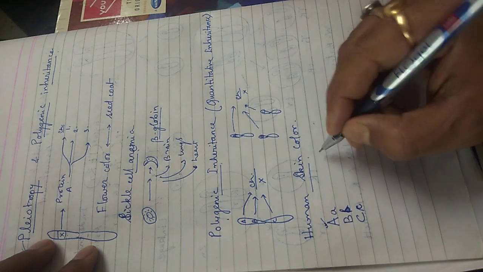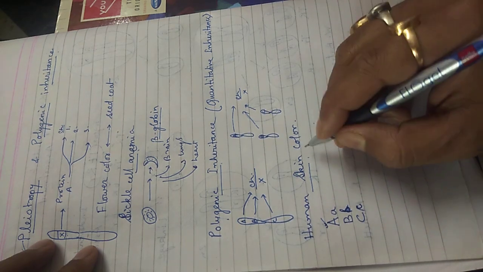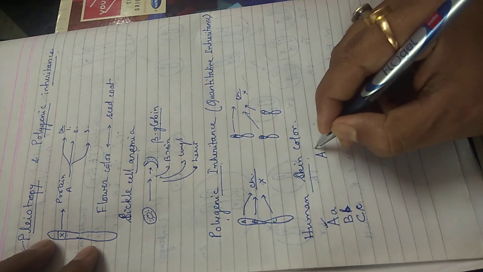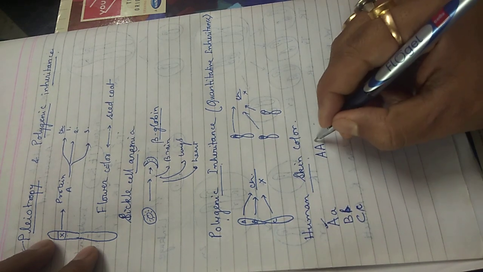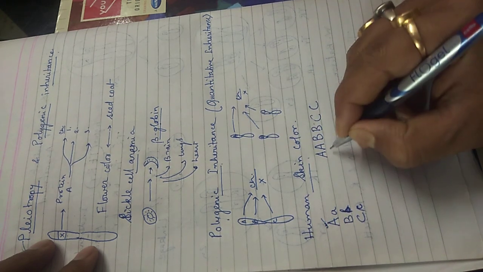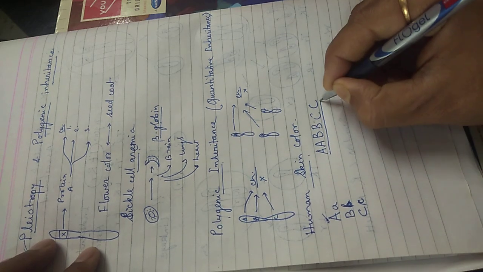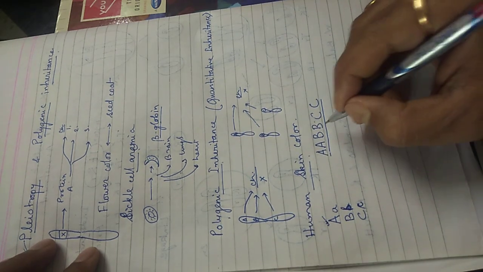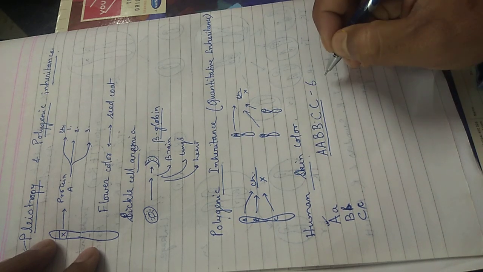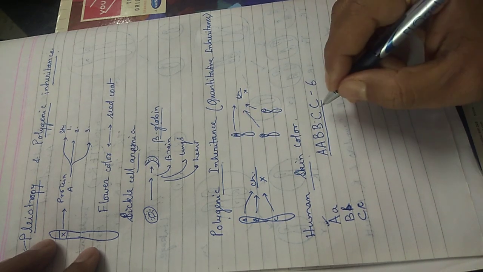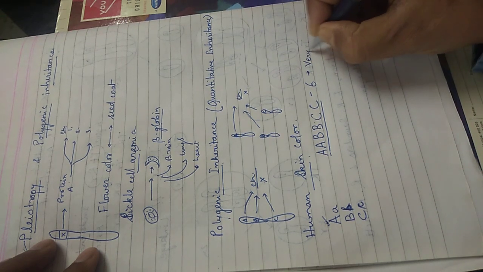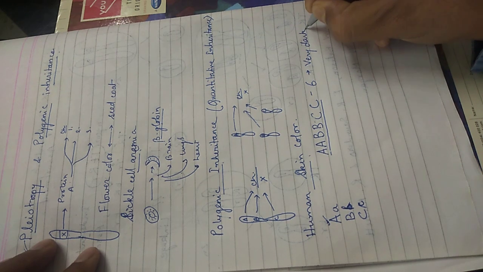So suppose the combination in the human being is capital A, capital A, capital B, capital B and capital C, capital C. That means the entire combination is homozygous dominant. Under such a condition there are 6 dominant factors, so it will lead to maximum production of melanin and give rise to a very dark skin tone.